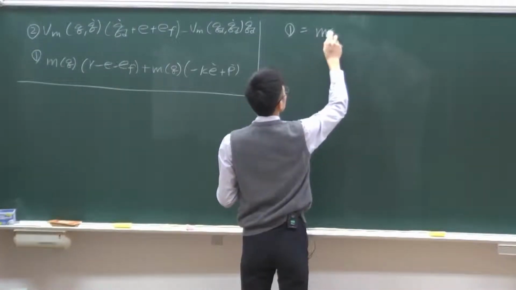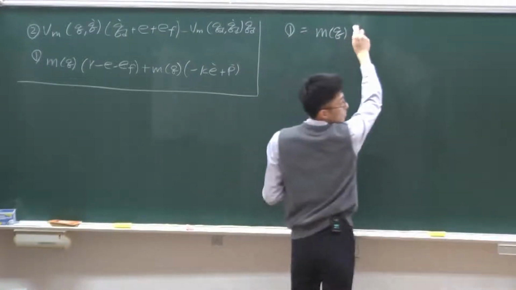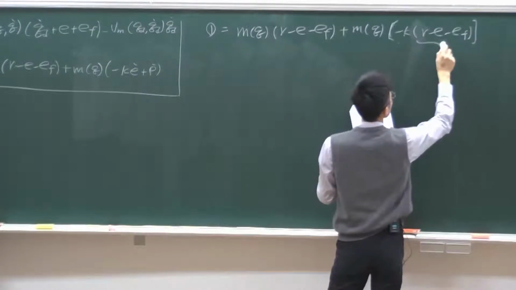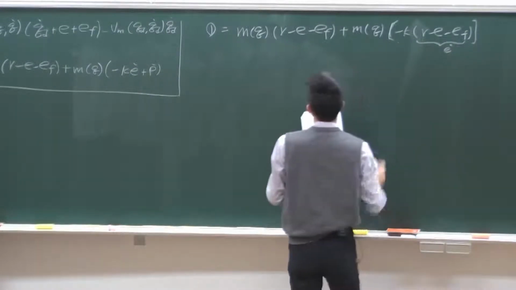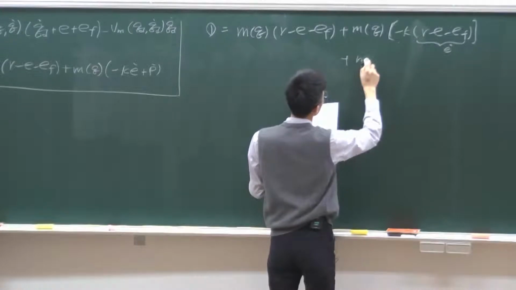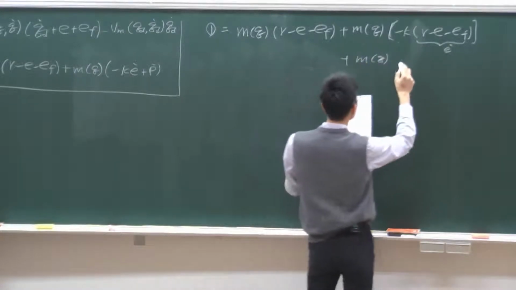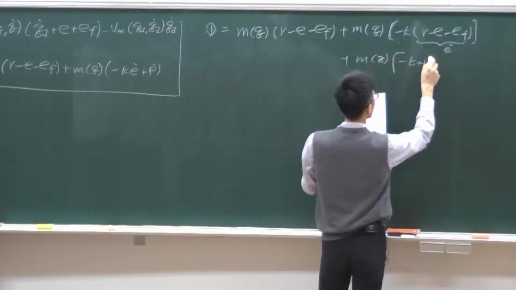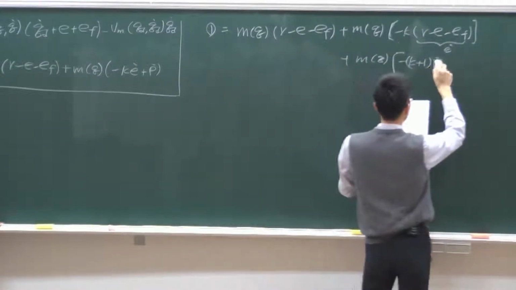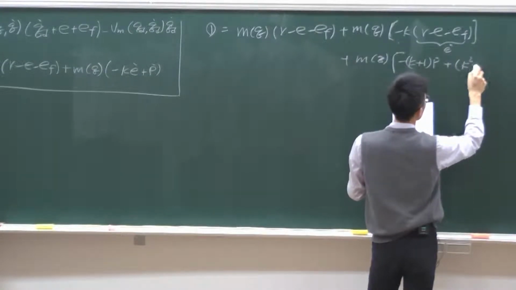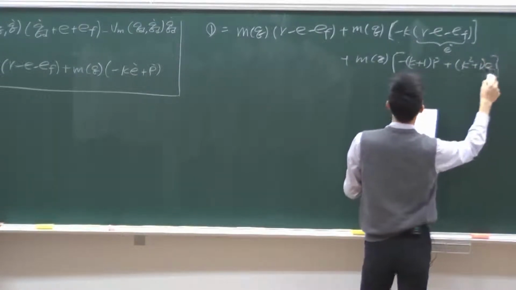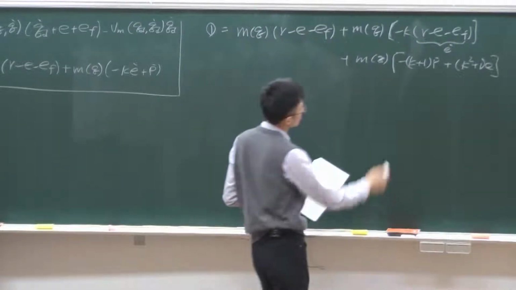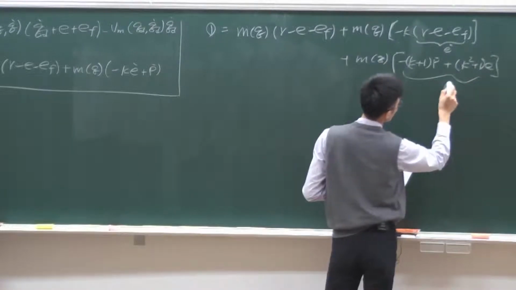So it equals to this is E dot. This is P dot.